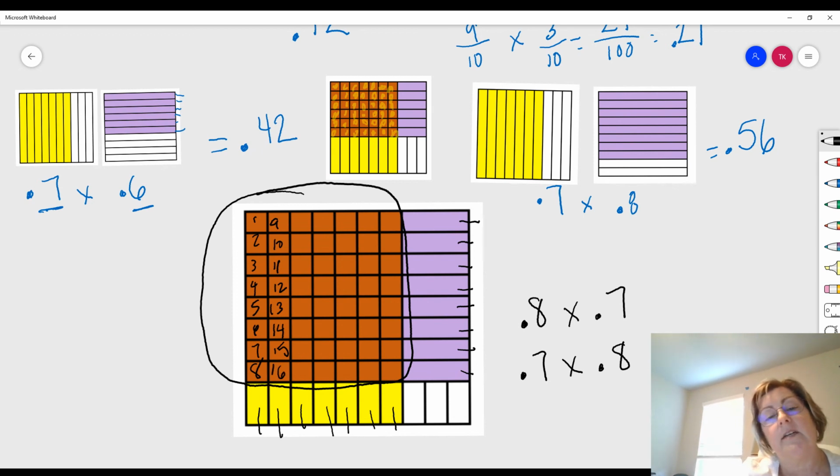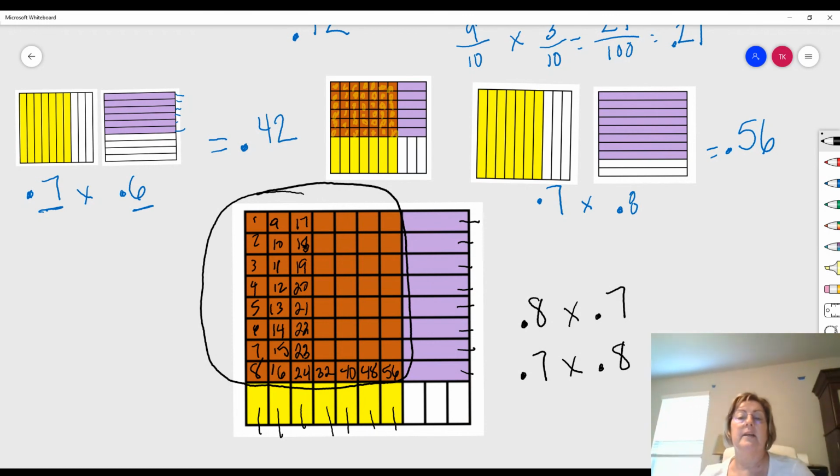So 8, 16, this should be 24, 32, 40, 48, and 56, because it'd be groups of 8. And I can continue labeling it so we can just double check. Yes. So you see how if I counted and numbered each and every one of these squares, I would get to 56. I hope that explains a little bit better.